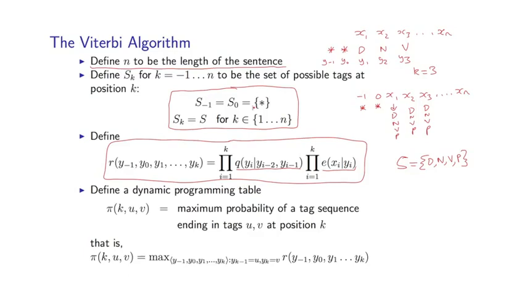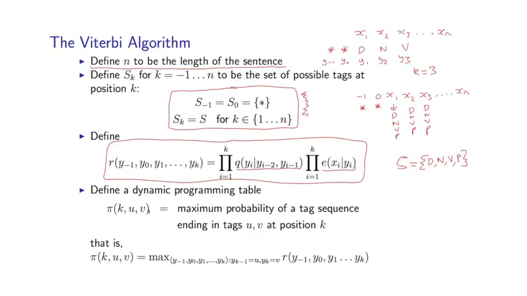And these definitions reflect that. So S minus 1 is equal to S 0 is star. So the set of possible symbols or tags at positions minus 1 and 0 are just the star or start symbol. And for any k from 1 to n, S sub k is equal to S, so it's the full set of tags. So this notation will just make things cleaner when we give the full definitions.